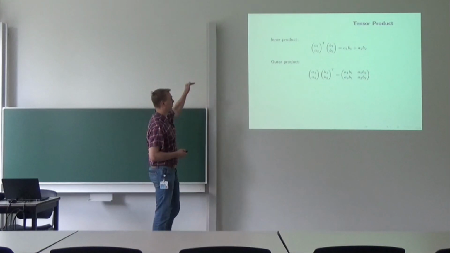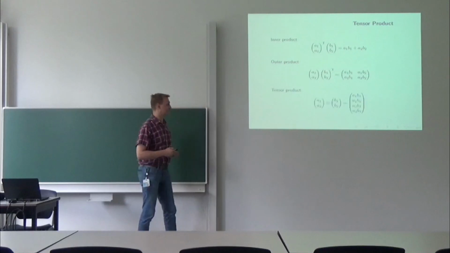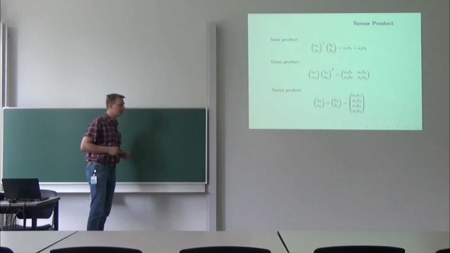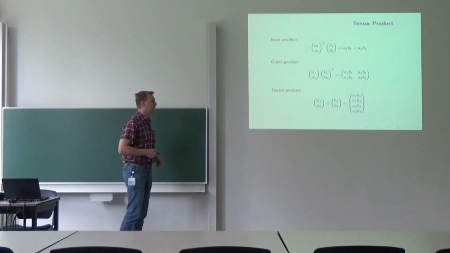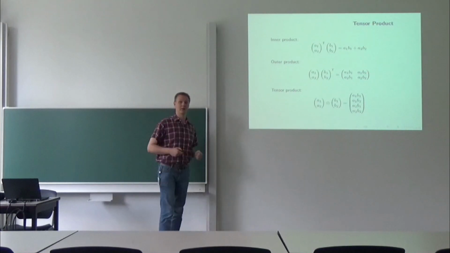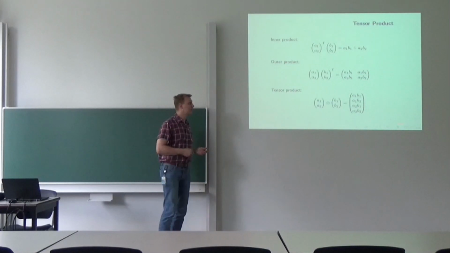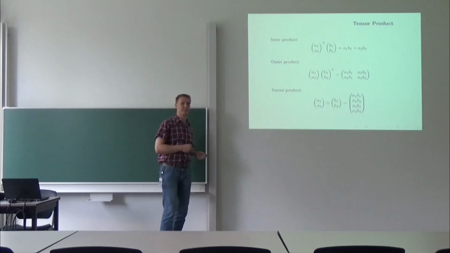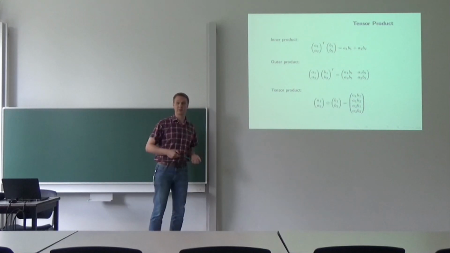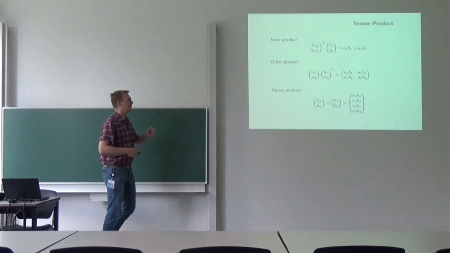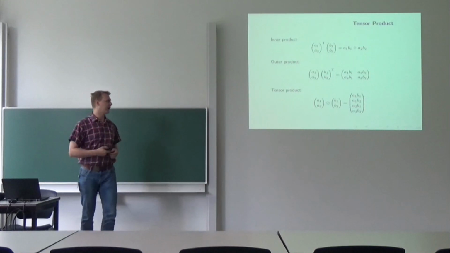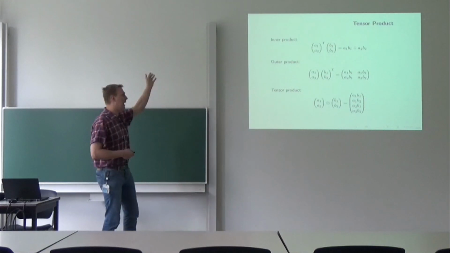Right? So the third element on this list is the tensor product, also known as the Kronecker product, where we take all the same bilinear terms, but instead of arranging them into a matrix, we arrange them into a vector. So you can think of this as a fancy way of saying the outer product.